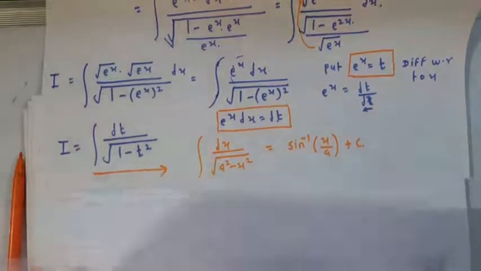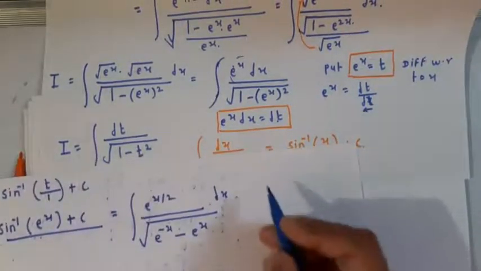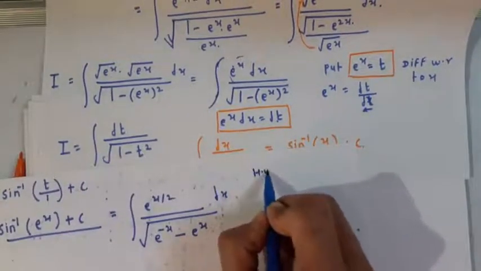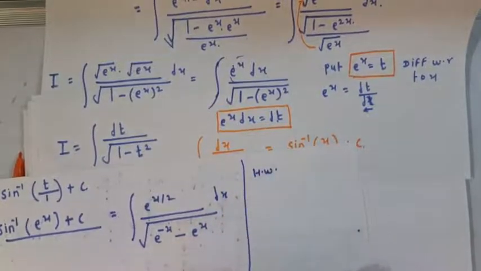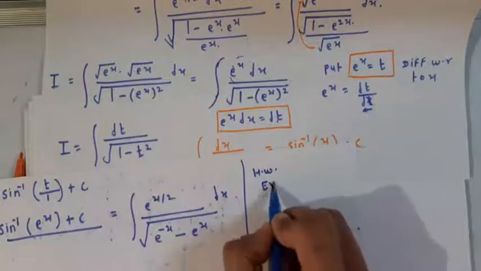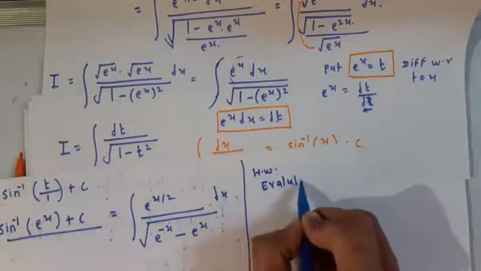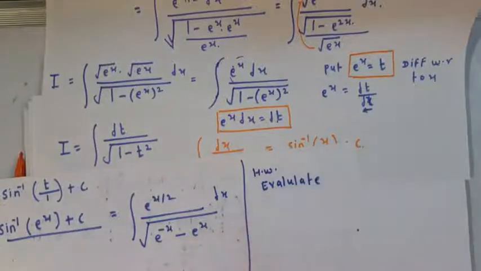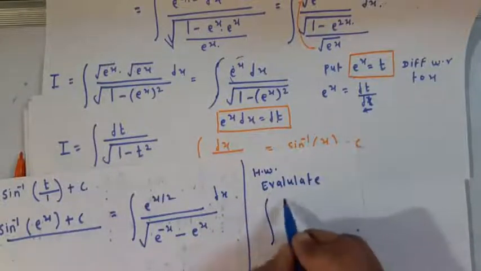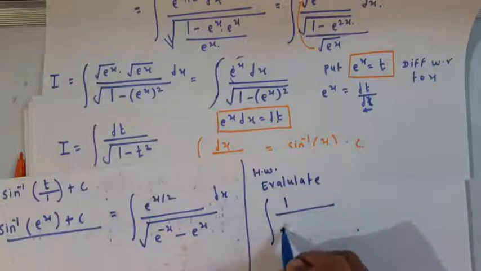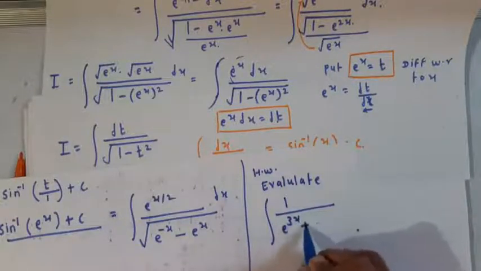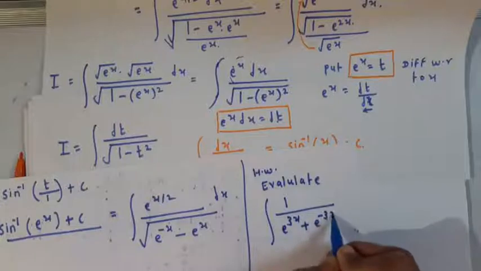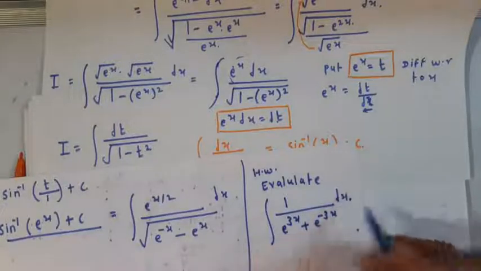So students, let us solve one example as a homework. Okay, the homework for you: evaluate the integration of 1 upon e raised to 3x plus e raised to minus 3x with respect to x.